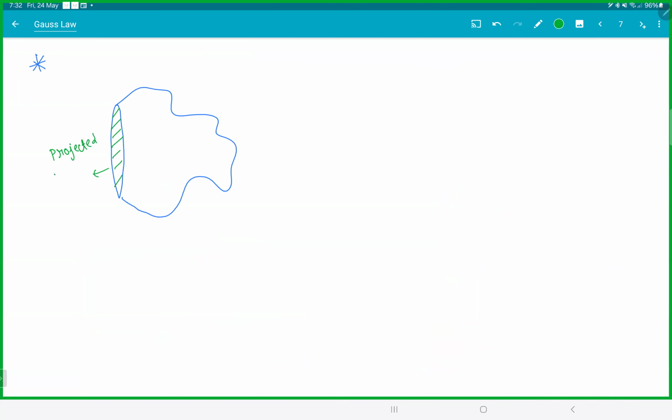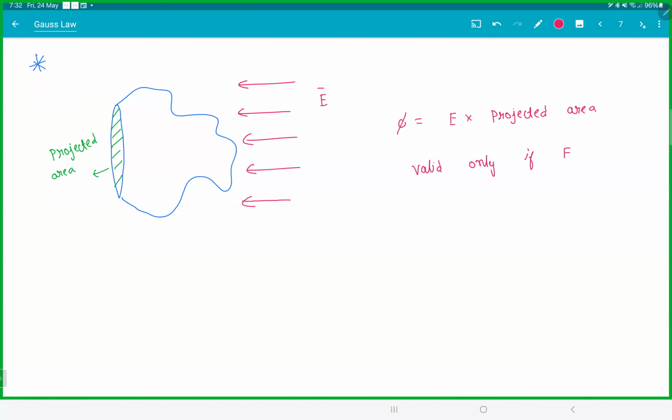If the field is variable, you're dead. Flux is E into projected area, valid only if E bar is constant.